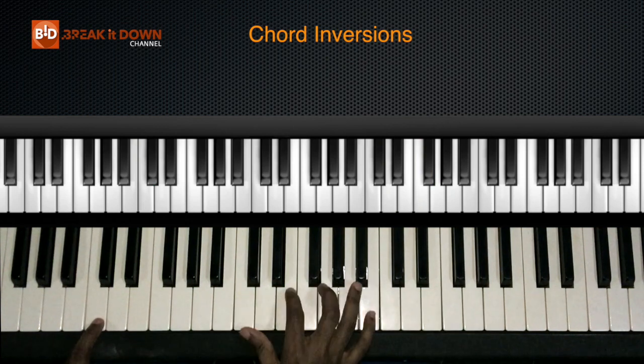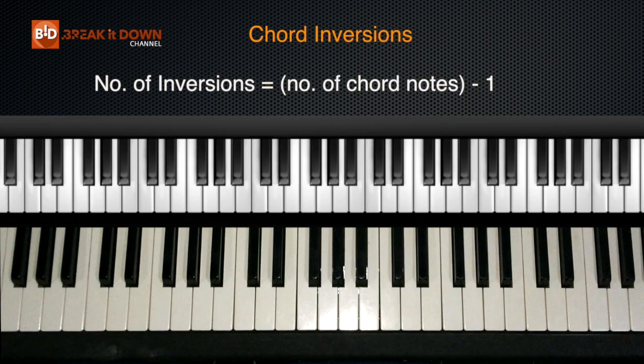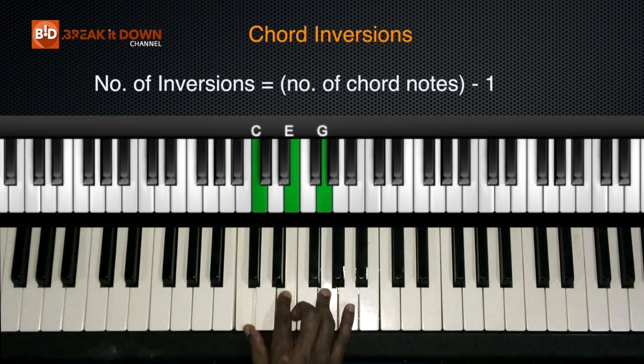Now, if you had a 4-note chord, like this, it means you would have 3 inversions. So remember that the number of inversions will be one number short of the number of notes in the chord, which means that if you have 3 notes in the chord, you will have 2 inversions.